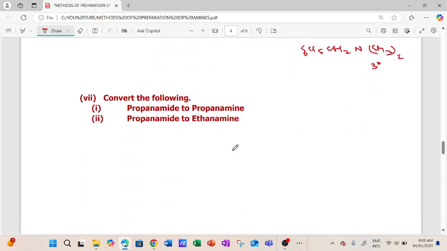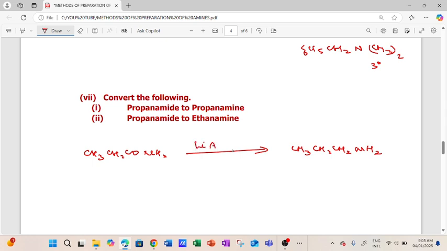Similarly, propanamide to propanamine. Propanamide is CH3CH2CONH2. Propanamine is CH3CH2CH2NH2. So you see the number of carbon atoms is the same. If it is the same number of carbon atoms, you add lithium aluminum hydride, reduction using lithium aluminum hydride.